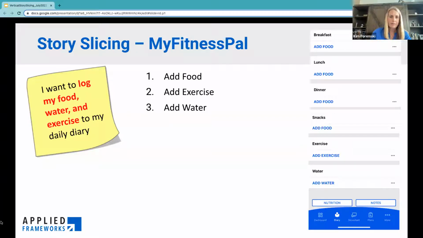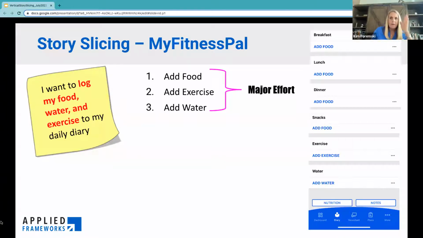It looks like it's all kind of the same thing from a UI perspective, but in reality, I would consider these to be three separate major efforts, because even though there's a lot of functionality that is similar, I'm going to be putting different data in for my exercise and my water consumption versus my food consumption. So I would break those out separately.